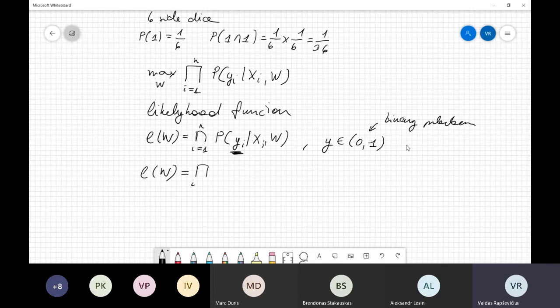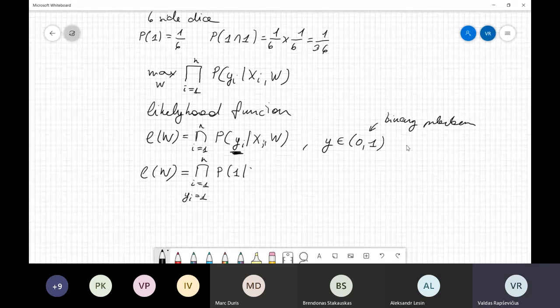The product for i equals 1 until n, given that yi equals 1, equals the product of the probabilities of y being 1, given xi and w.